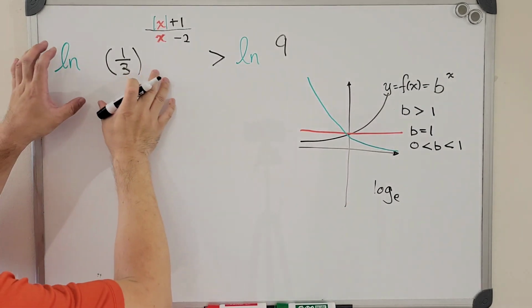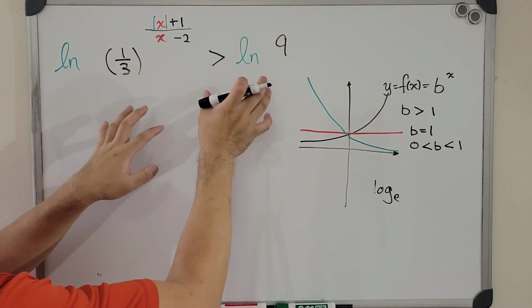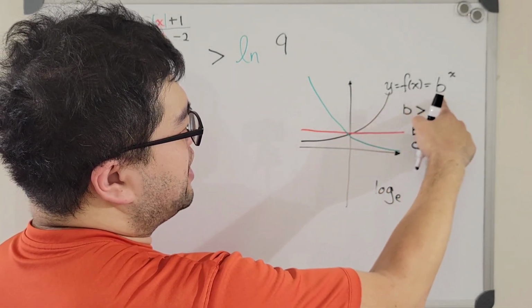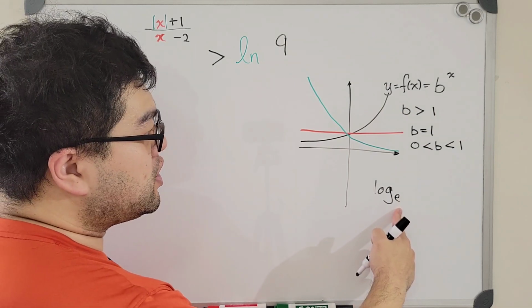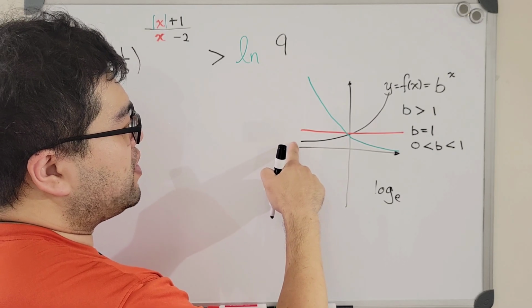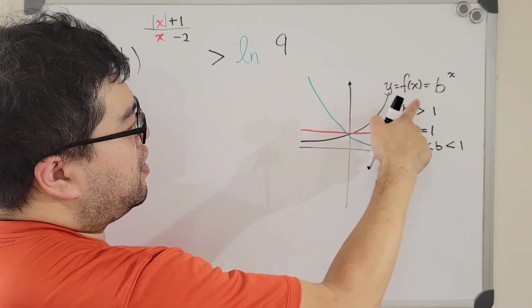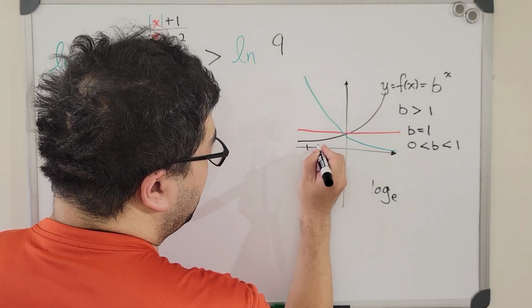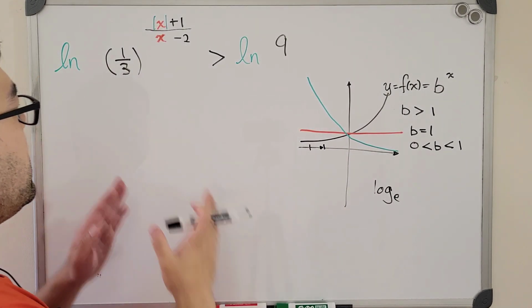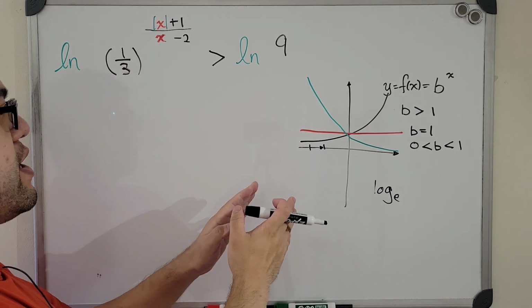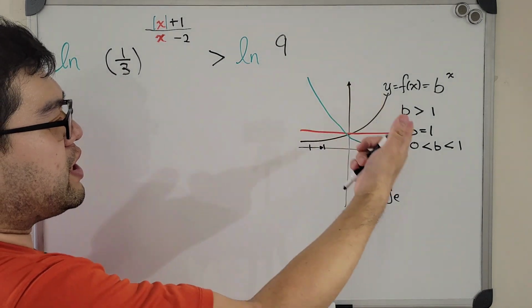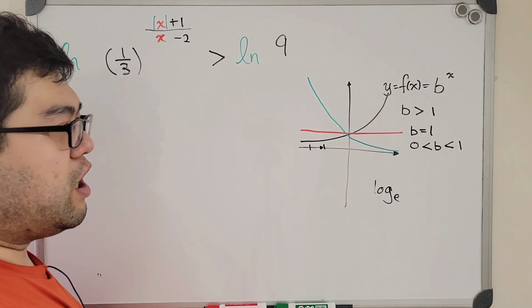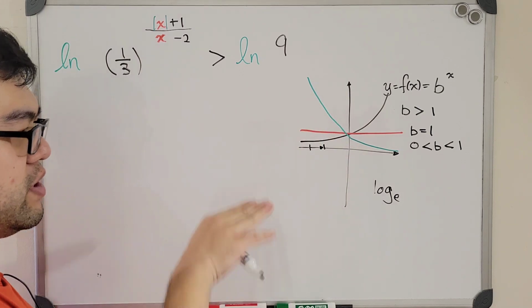In other words, we're trying to undo the function, meaning that now we can set our base b as the natural number e, and in that case the graph of e to the x power is increasing. As it is always increasing while the x value is increasing, we can claim that if the left hand side is greater than the right hand side, and we take the natural log on both sides, the left hand side is still bigger than the right hand side based on the monotonicity of the graph, meaning that it is going in one direction. In this case, it's always going up.